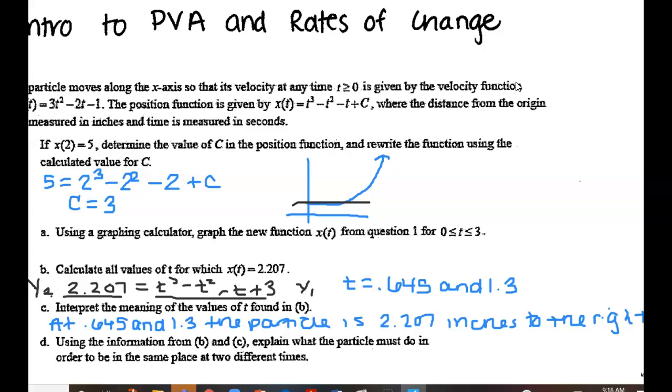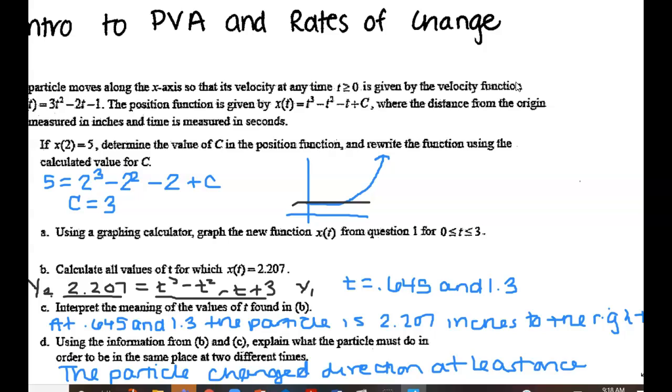So in order to be at the same place at 2 times, the particle must have changed direction at least once in that interval, so the particle changed direction at least once in the interval 0.645 to 1.3.